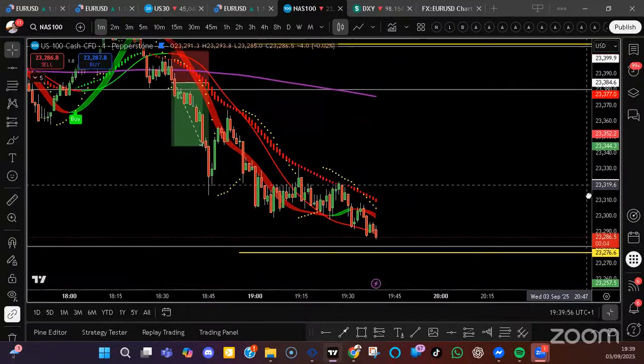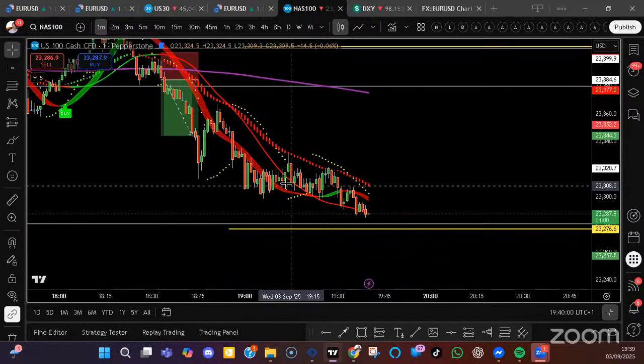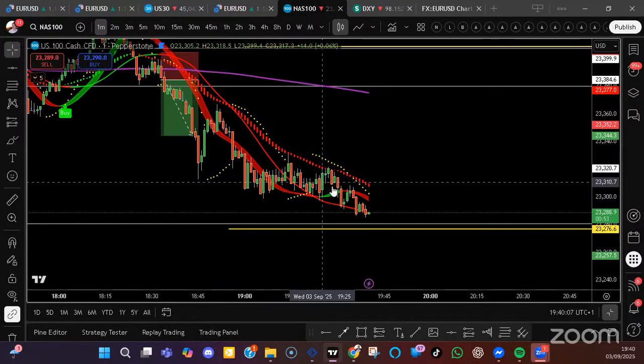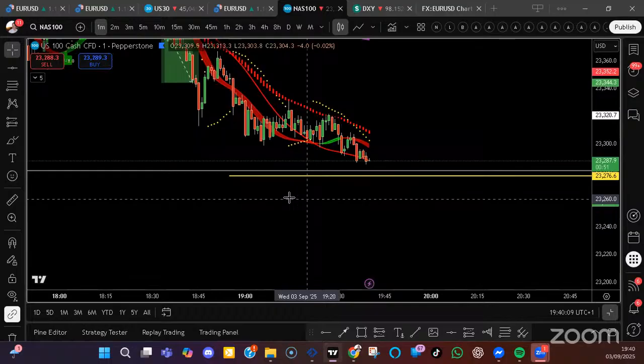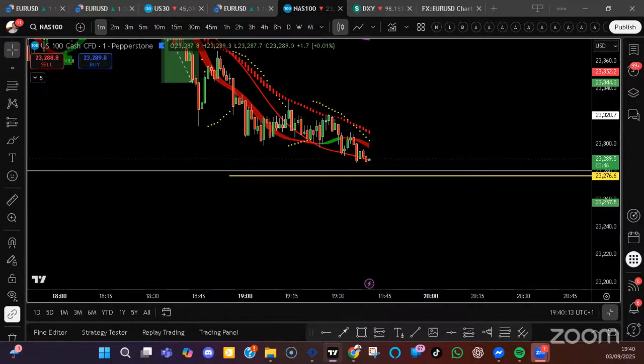You've got to read the market, what it was doing before. It's been getting orders now, and also because there's a buy zone here, there might be a lot of buy orders here. We don't know for certain.